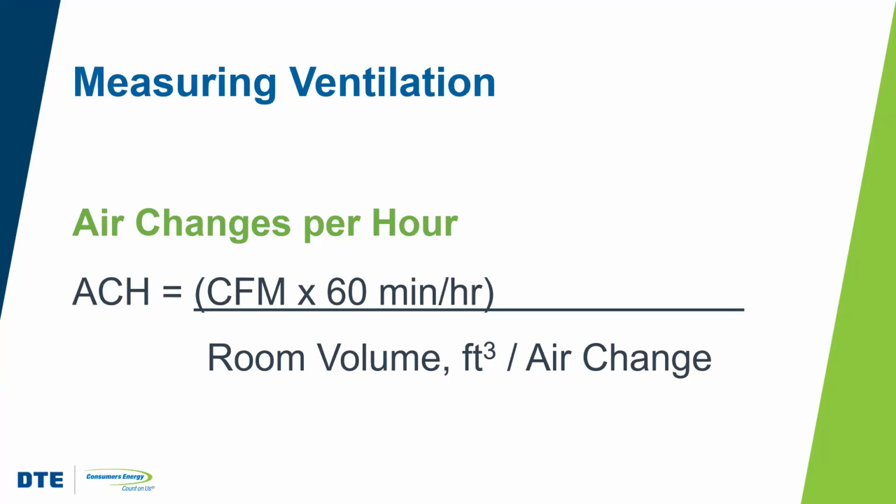It's important to note here that this air change per hour value is the entire room volume or the entire house volume. So it doesn't mean that that entire volume, however, is outdoor air.